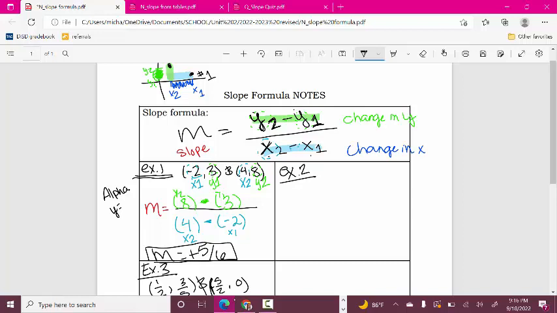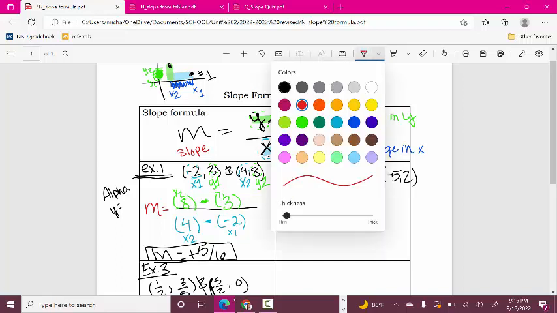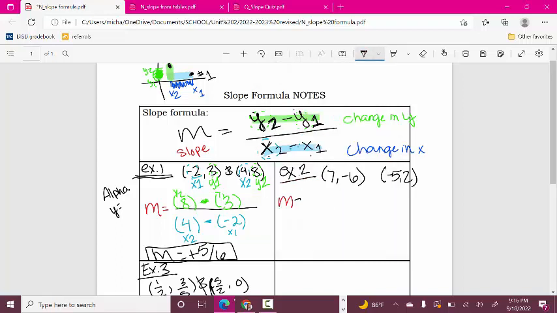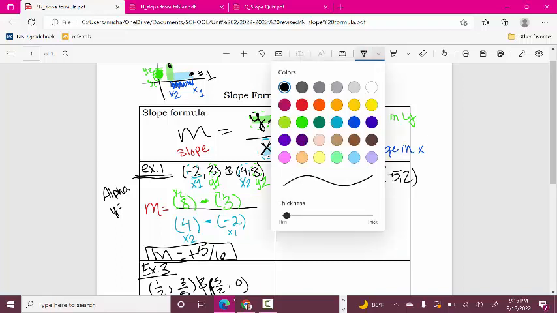we've got 7, negative 6 as one ordered pair, and negative 5, 2 as another ordered pair. Okay, and we know that the slope formula is that m, or the slope, equals y2 minus y1.